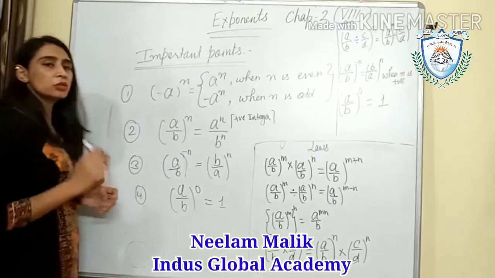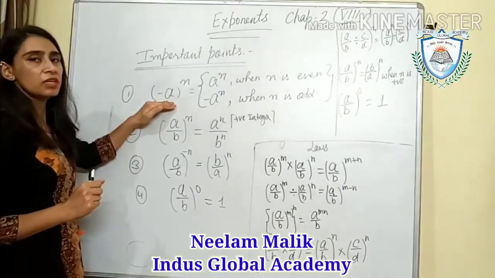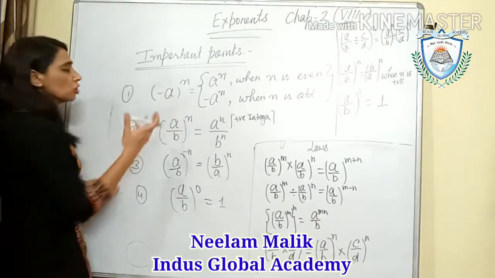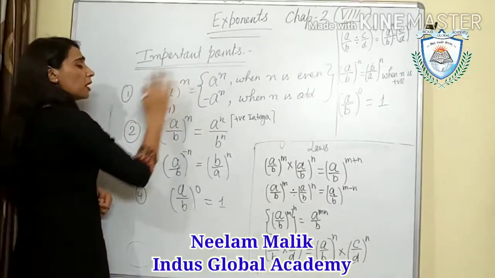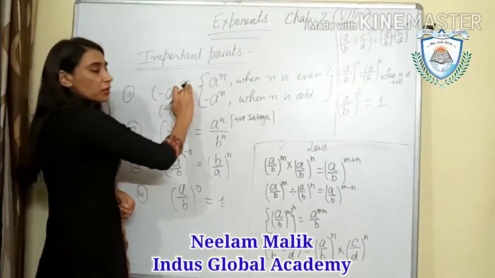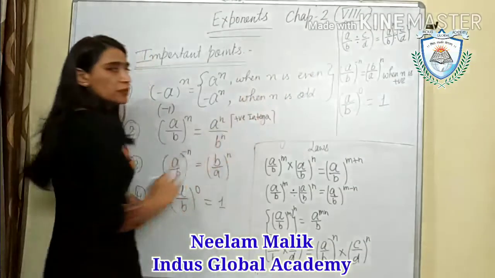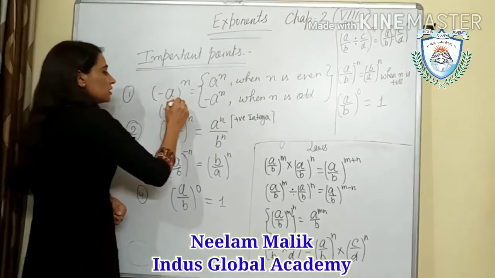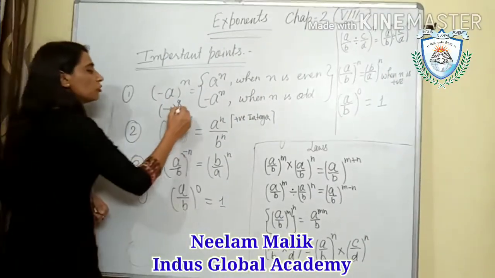Means they want to say, if there is any negative integer inside, suppose you are having here -1, and the power of that number is given as n, first take n is even. Suppose this is 8. So what will be our answer?